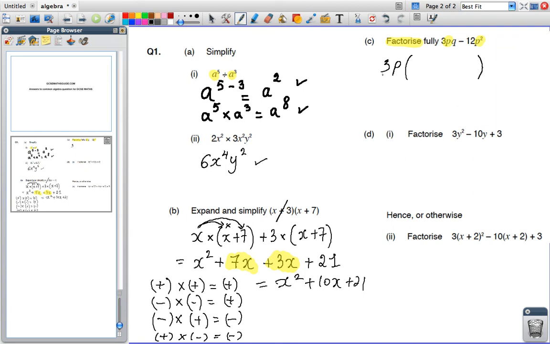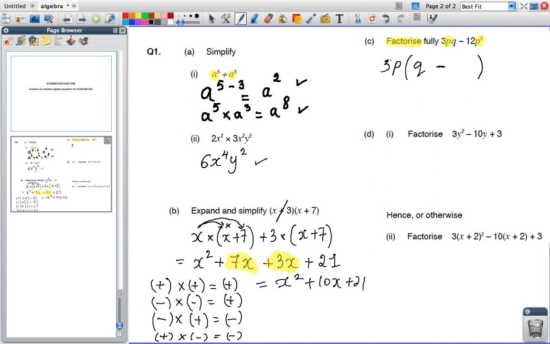Now the easy way of doing that is asking yourself what you're missing. Here I've got 3, and here I've got 3, so I don't need the 3 anymore. Here I've got p, and my original question had a p, so I don't need a p anymore. Here I'm missing a q with the 3p, and my original question had a q, so therefore I need a q there.